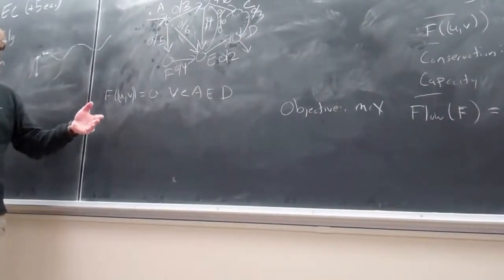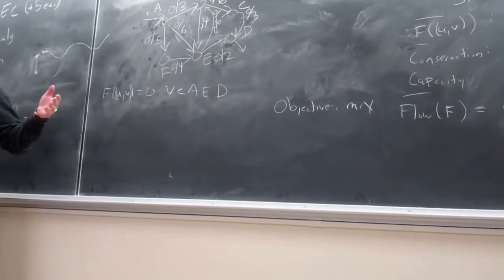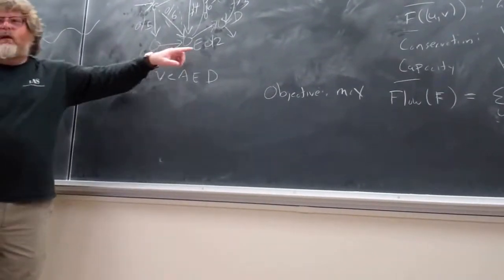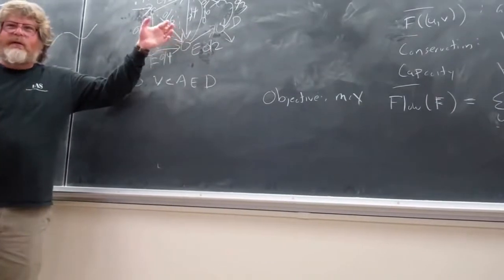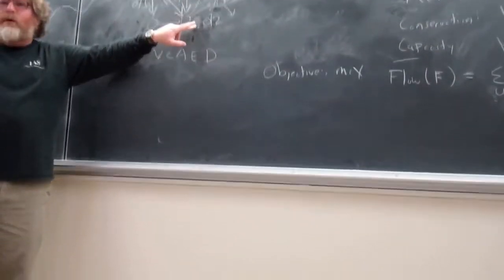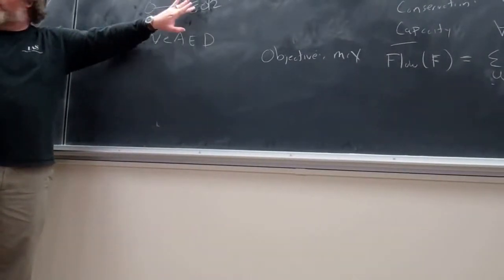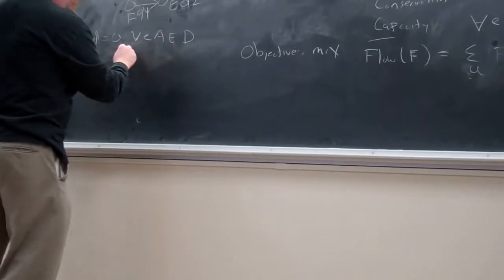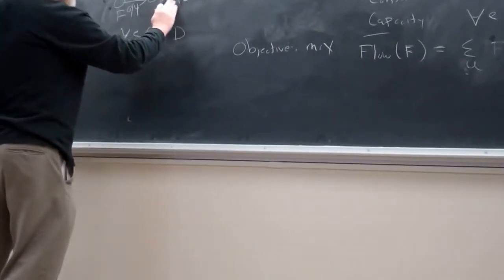How much flow can we send along that path? 2. And why 2? It's the minimum capacity. If we tried to send more, then we'd burst this pipe. So we can send 2 flow along that.